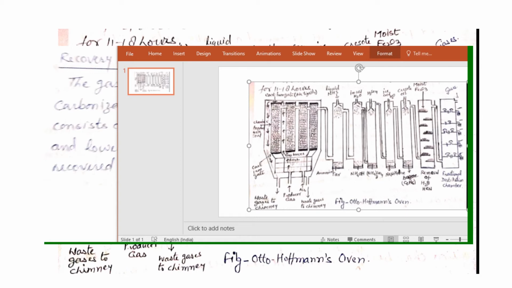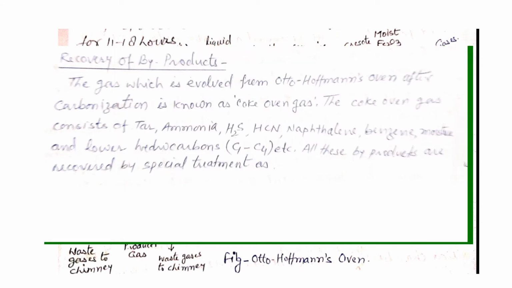So these are the coke oven gases coming out through this pipe. This coke oven gas consists of tar, ammonia, H2S, HCN, naphthalene, benzene, moisture, and lower hydrocarbons, carbon number 1 to 4, plus diesel, petrol, kerosene, and heavy oils.